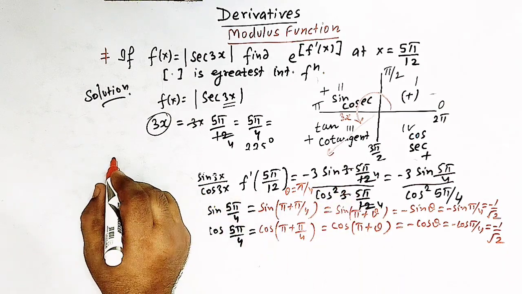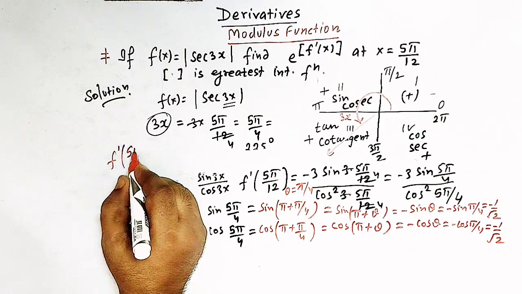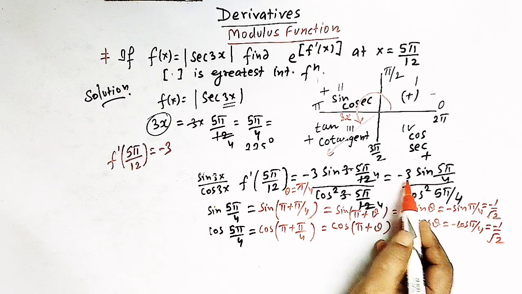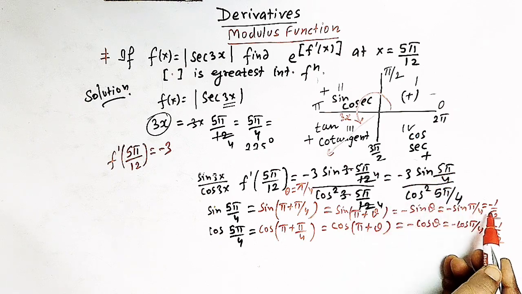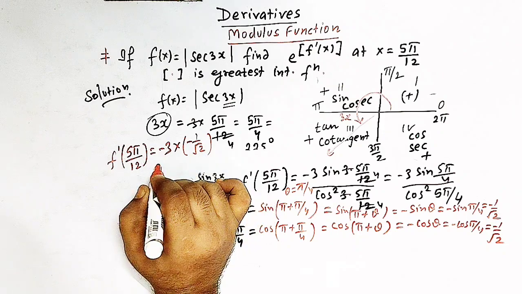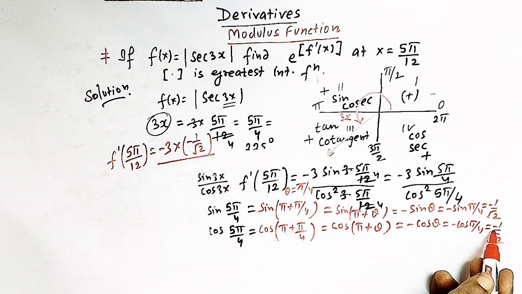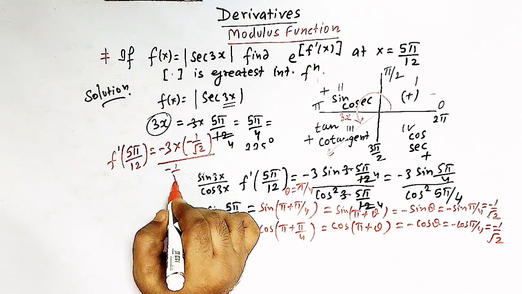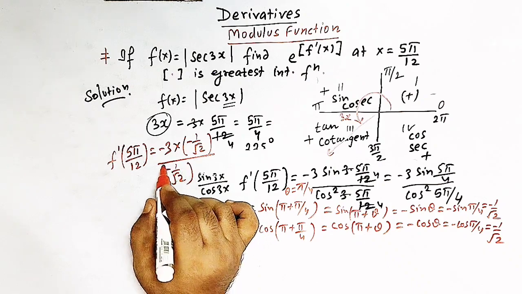So now f prime of 5 pi by 12 is given by minus 3, and sine 5 pi by 4 is given by minus 1 over square root of 2.